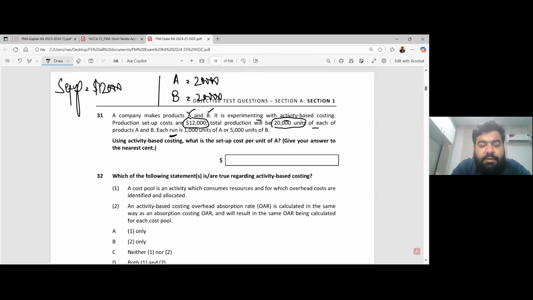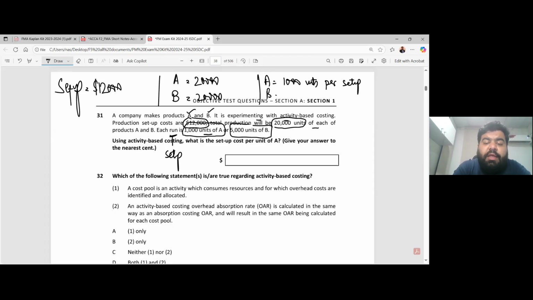Each run means a production run, basically each run means setup. Each setup is 1000 units of A and 5000 units of B. That means the units being made in each run, each setup. So A is making 1000 units per run, and run is basically setup.